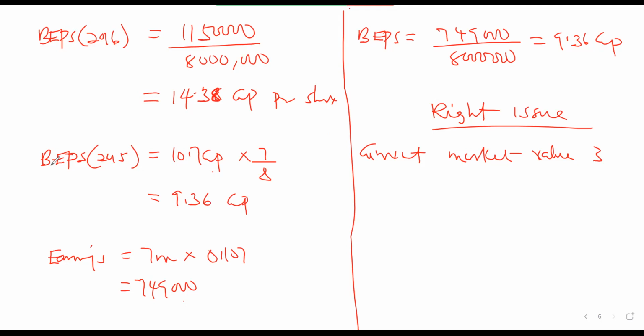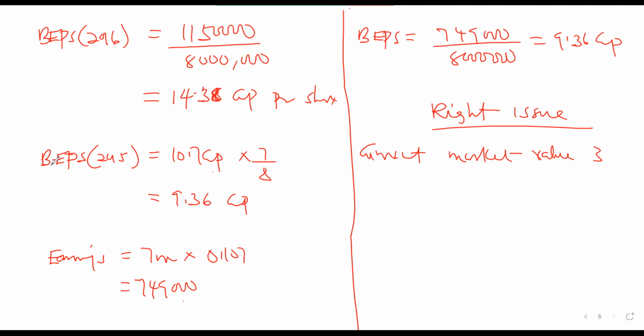The portion at full market value is the one they are paying money for. And the one given to them at a discount is assumed to be a bonus issue. So in a right issue, you are going to have a bonus issue and an issue at full market value at the same time. How do we go about it?